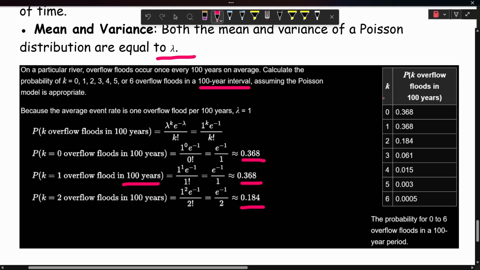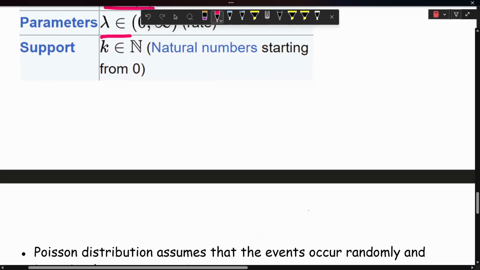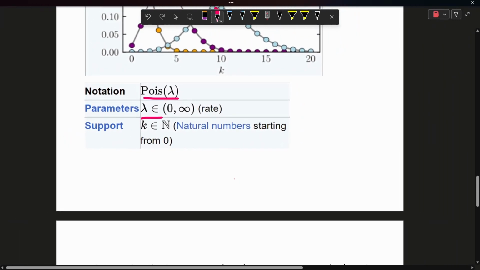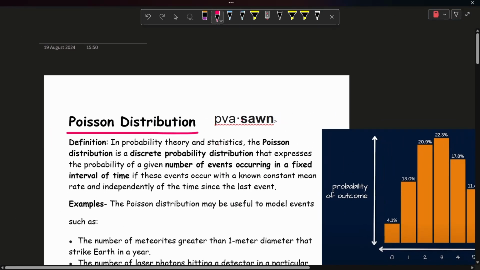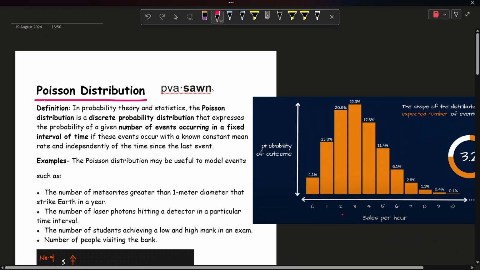Like this, for each k value we have different probabilities calculated. The probability that the flood occurs 6 times is very less, that is 0.005. That's it about Poisson distribution. You can research and learn more real world examples where you can apply this Poisson distribution and calculate the probabilities.